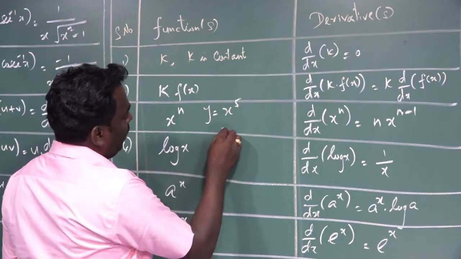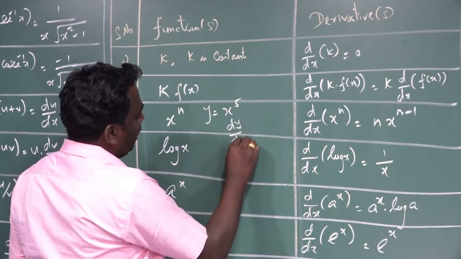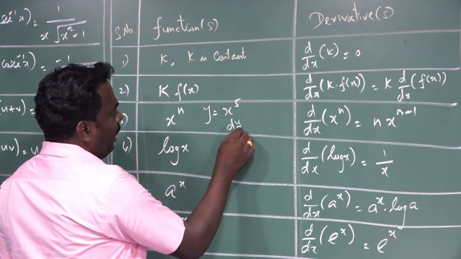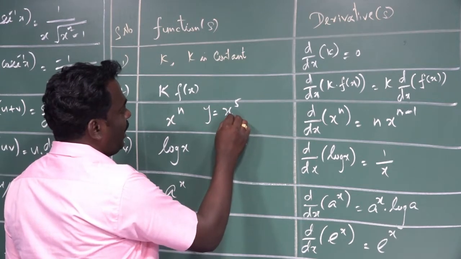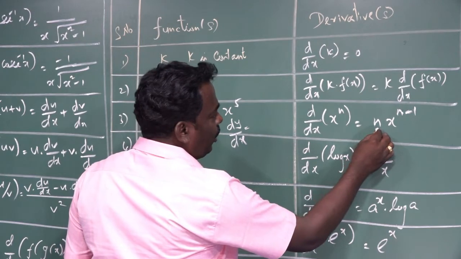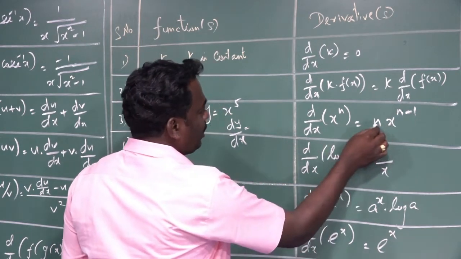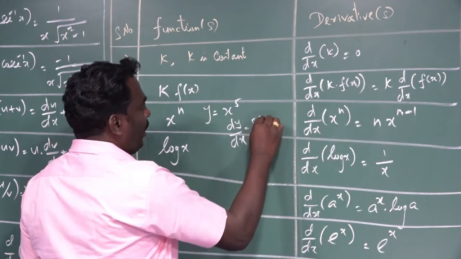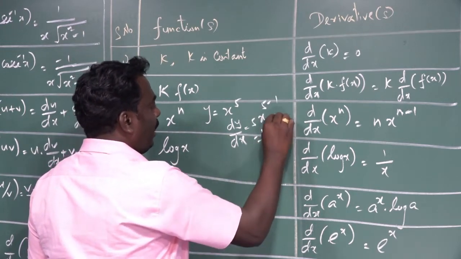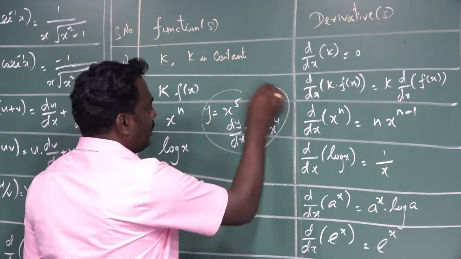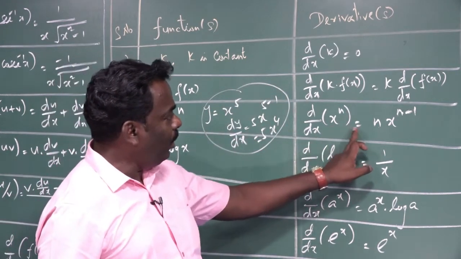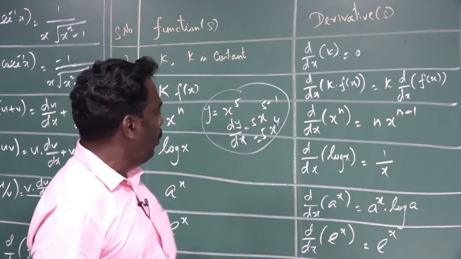Differentiate with respect to x: dy by dx equals the derivative of x power 5. Using the formula n into x power n minus 1, here n is 5. Therefore, 5 into x power 5 minus 1, which equals 5 into x power 4. We apply this derivative of x power n, n into x power n minus 1.